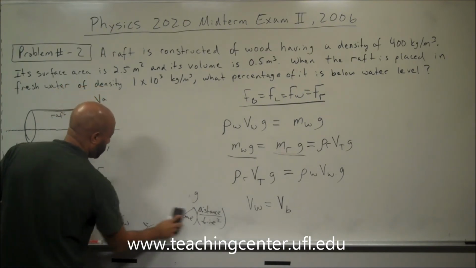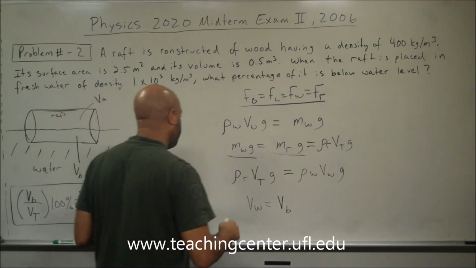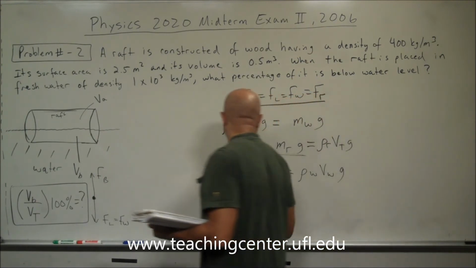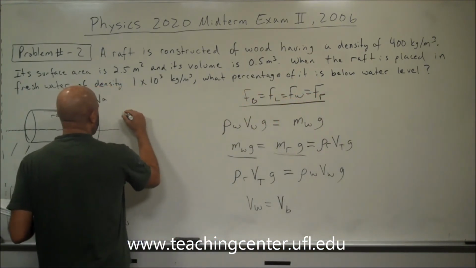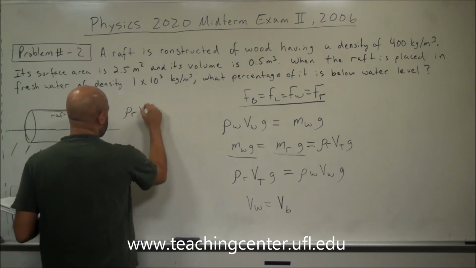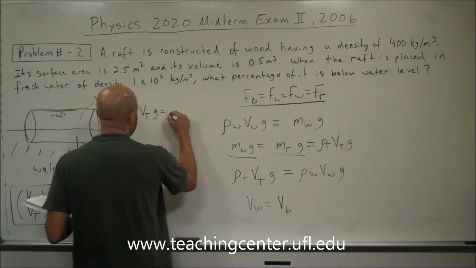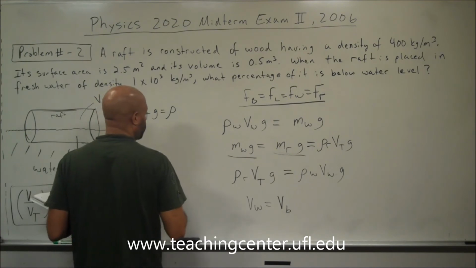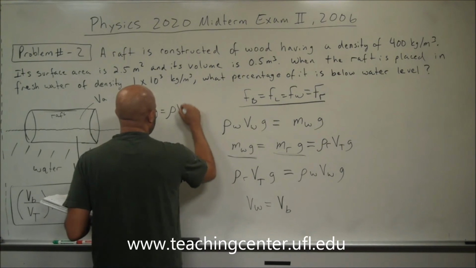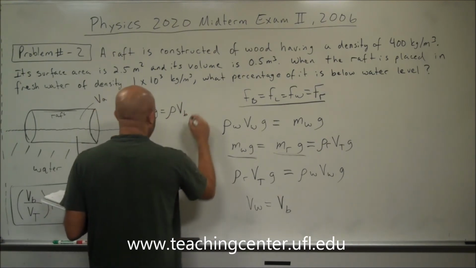making some room here. If we know that this is true now, we can rewrite this equation to where we have the density of the raft times the total volume of the raft times gravity is equal to the density of the water times the volume of the water, but that's equal to the volume of the raft that's displaced, times gravity.